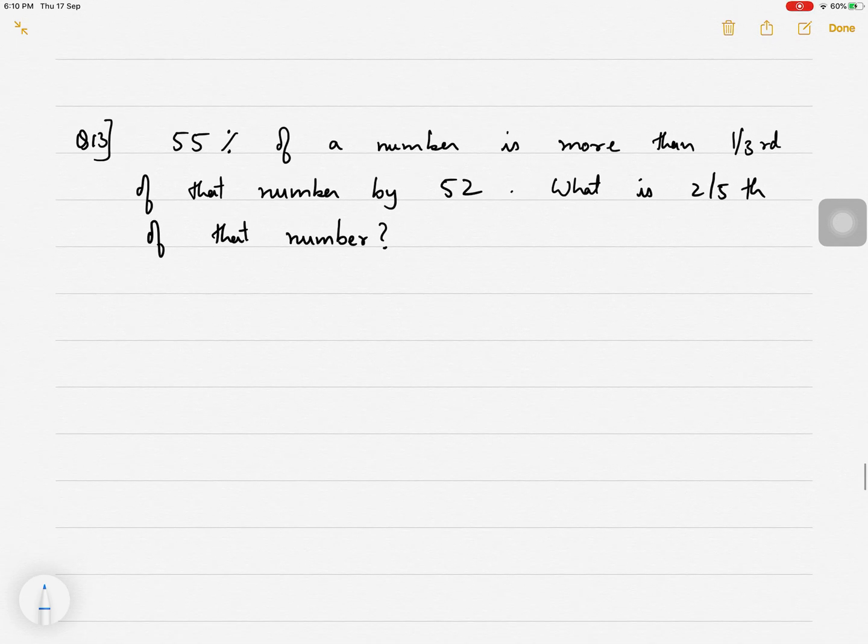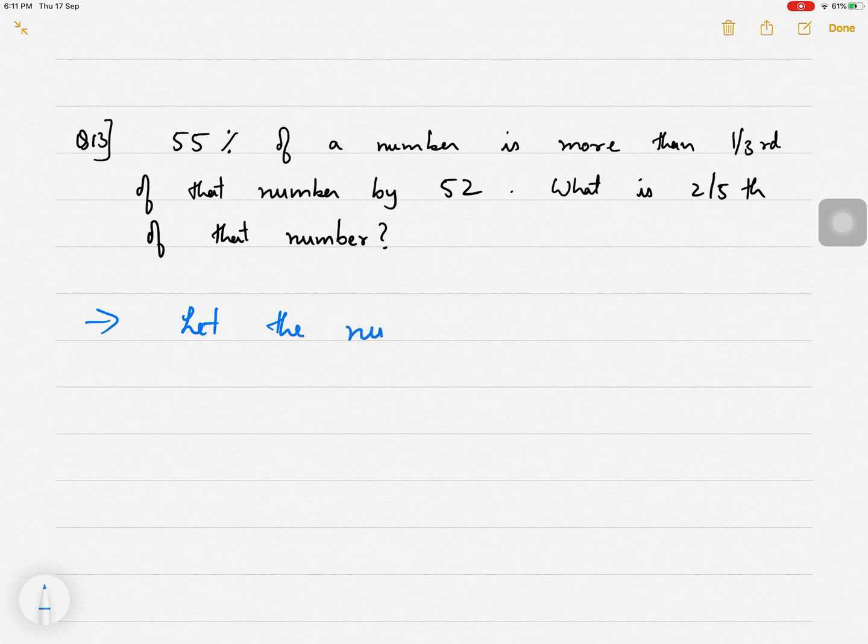Okay, next problem. 55% of a number is more than 1/3 of that number by 52. What is 2/5 of that number? Okay, there is one number, let the number be x. How do you solve this?